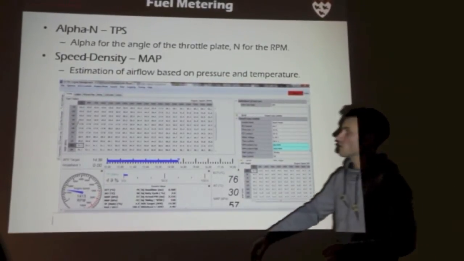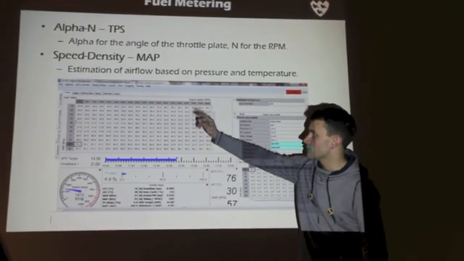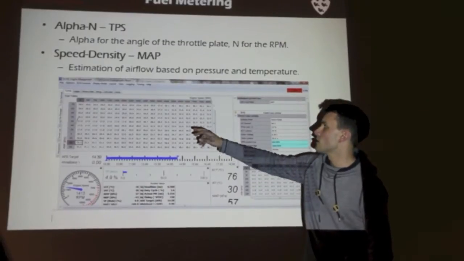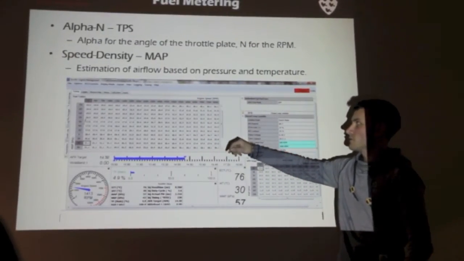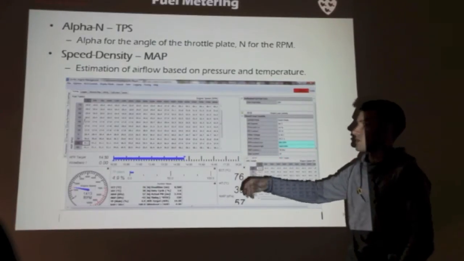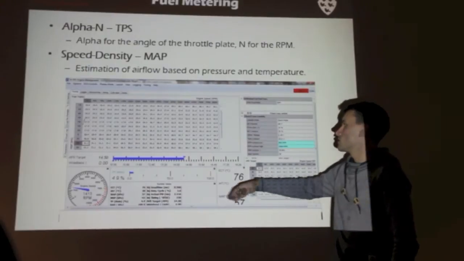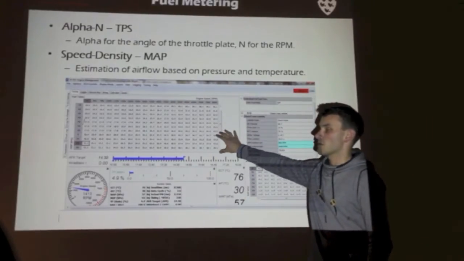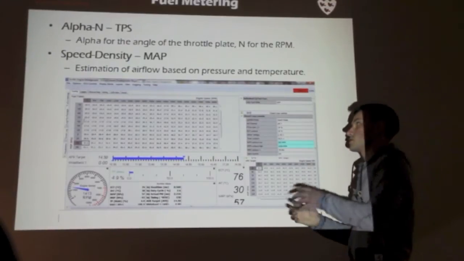Here you can see on the left side, the vertical axis, we've got manifold air pressure. In our case that would be throttle position, and along the x-axis you've got RPM. This map, called your fuel map, defines the operating condition your engine is in.